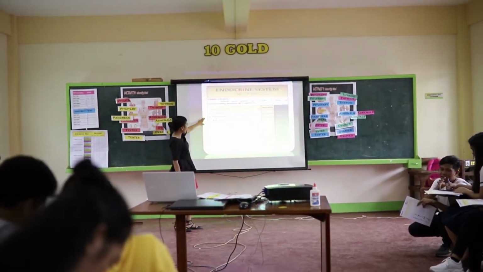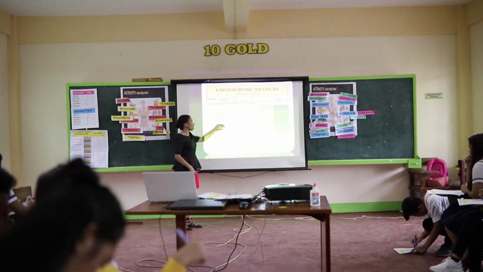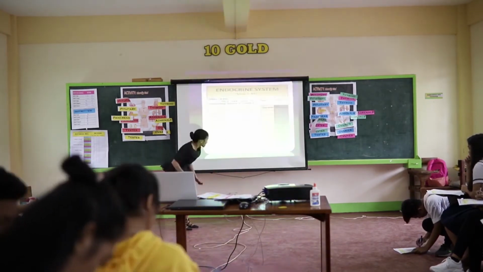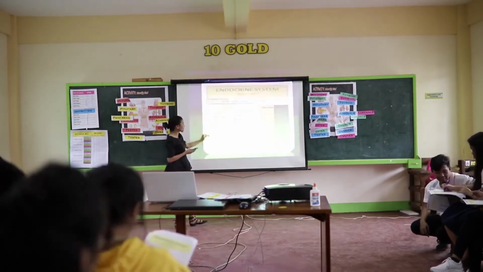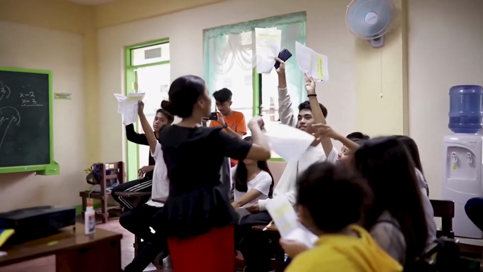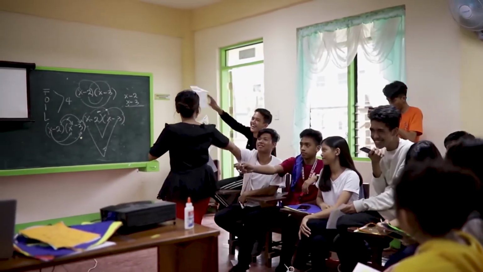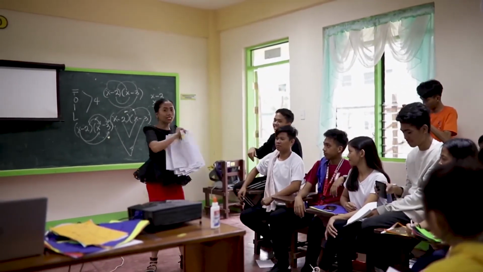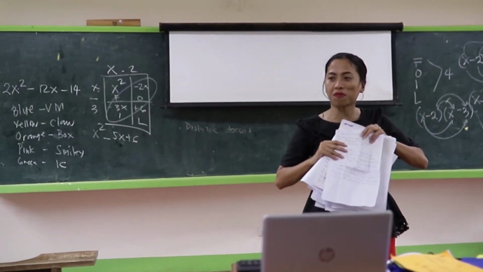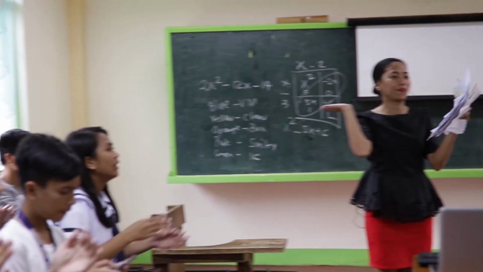Pancreas. So the answer for pancreas, what's the answer? Regulates blood sugar. Number 3. I got a perfect score. Very good. Give a nice clap for everybody.